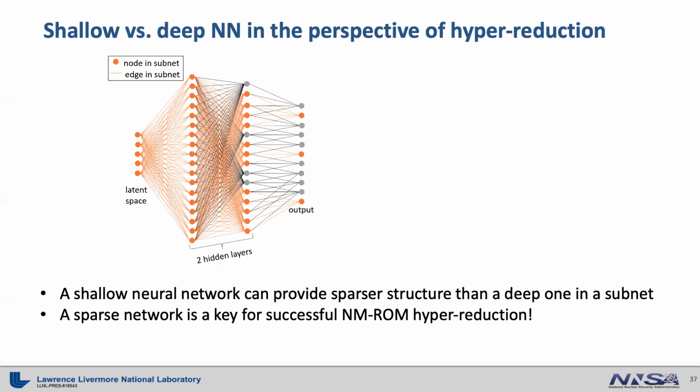Let's first look at a neural network with two hidden layers as a decoder. Let's say that the orange disks in the output nodes are selected by the hyperreduction sampling matrix Z. If you trace back to evaluate these outputs, the involved hidden nodes increase as the number of hidden layers increases.